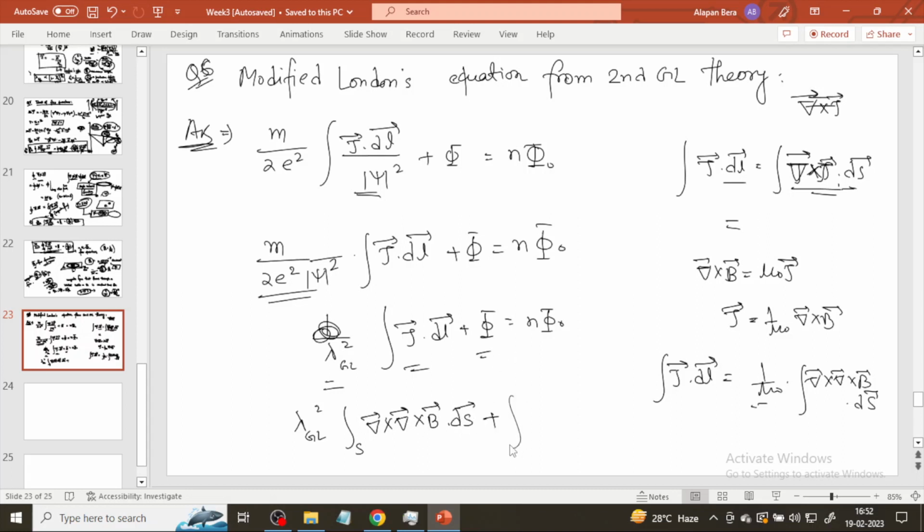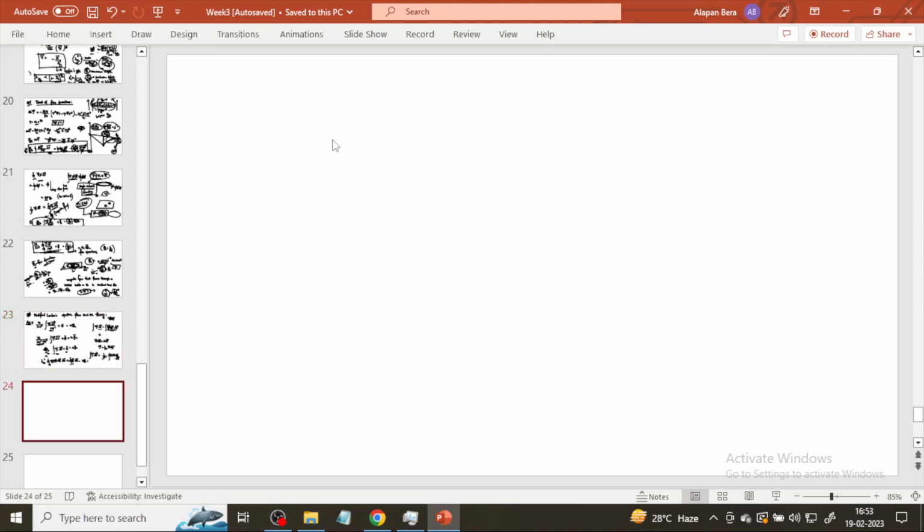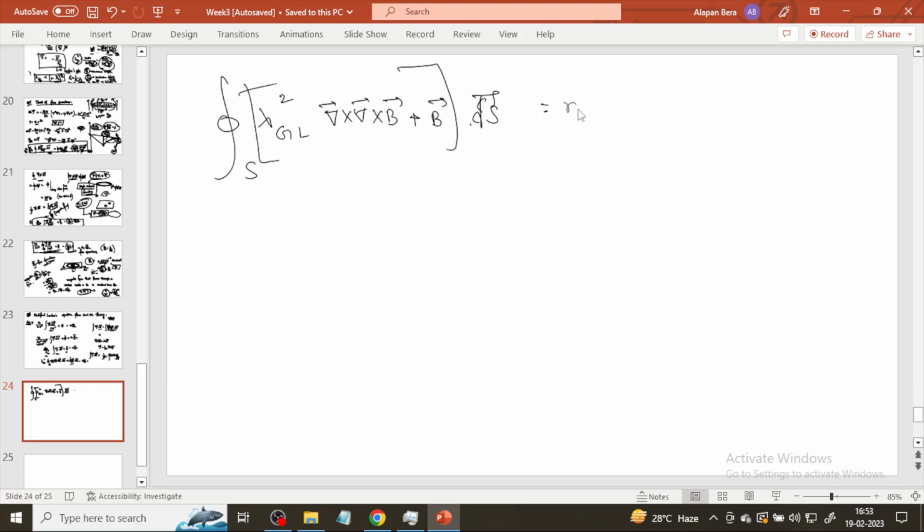Phi is magnetic flux, so B dot dS is equal to n phi naught, or lambda GL square into curl of B plus B. This whole term goes to the area integration. This is our n phi naught.